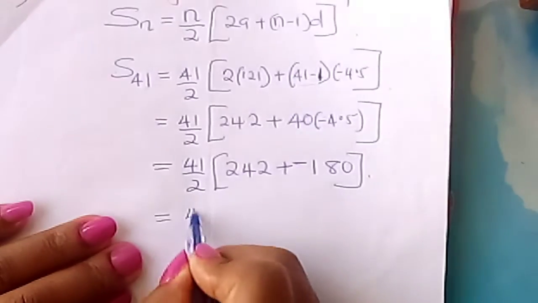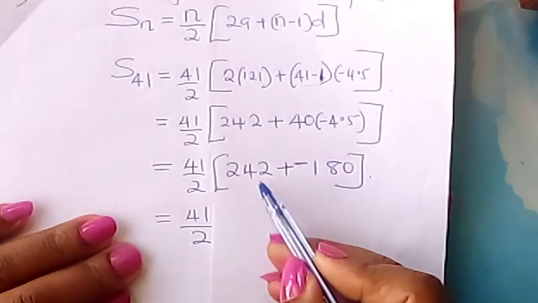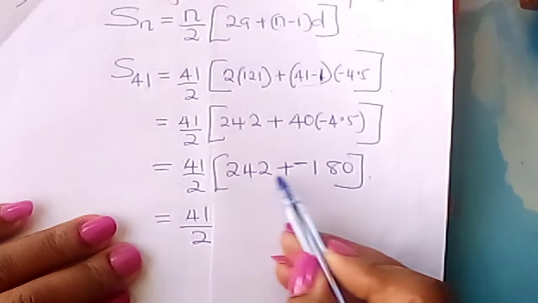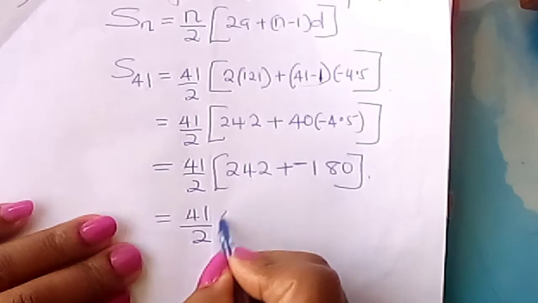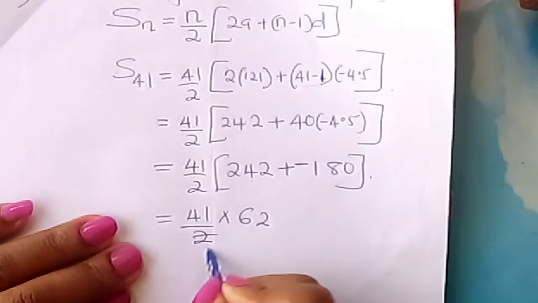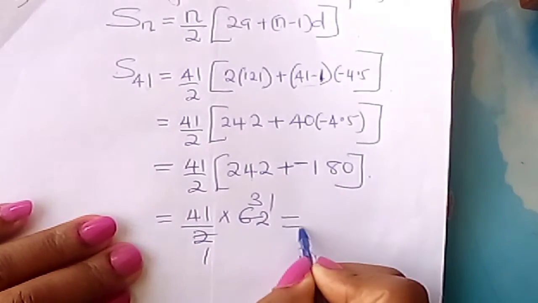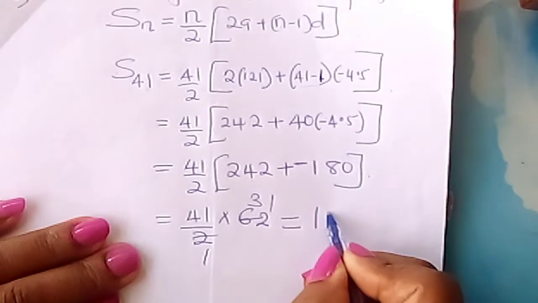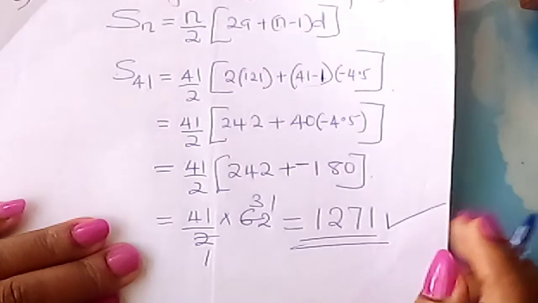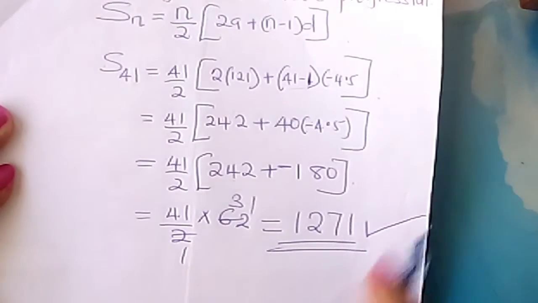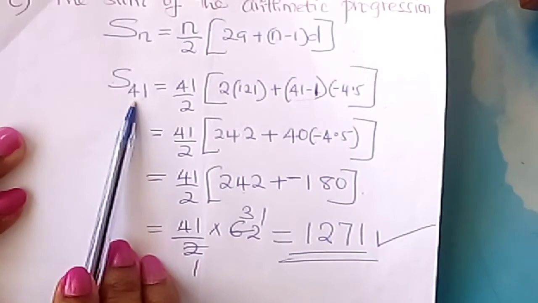You're almost there. 41 over 2, this plus minus this is the same as 242 minus 180. It would give you 62. You work this out, learner, and you end up with 1,271. This is the sum of our AP, which has 41 terms.